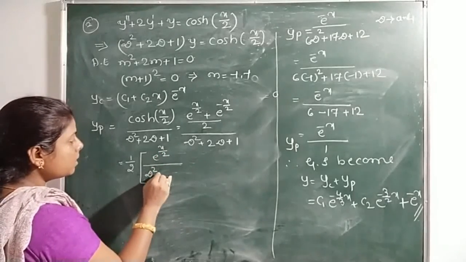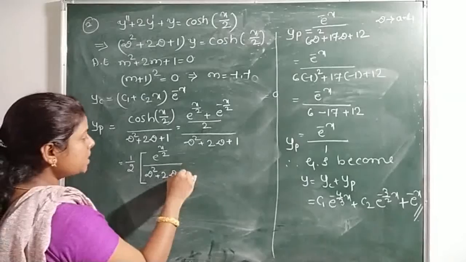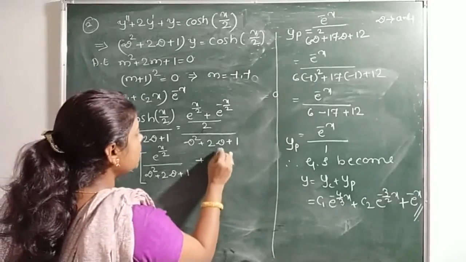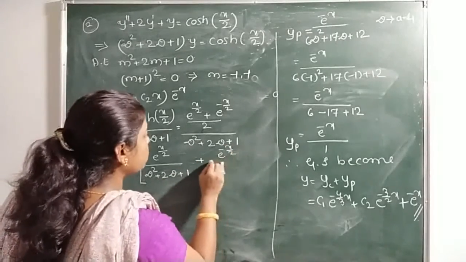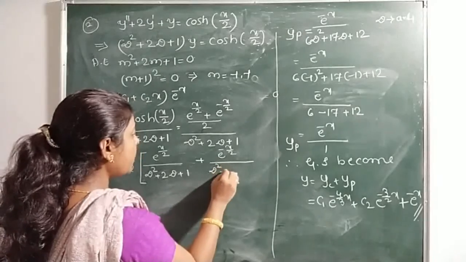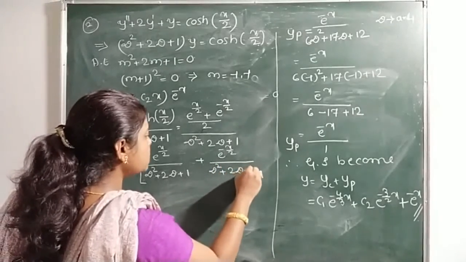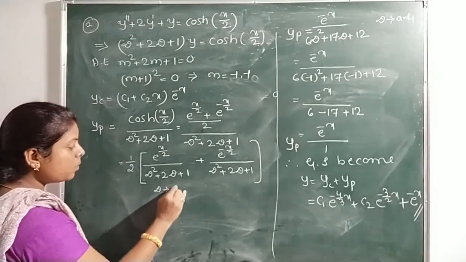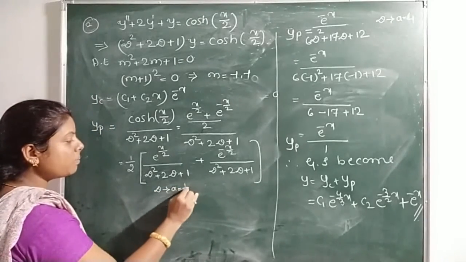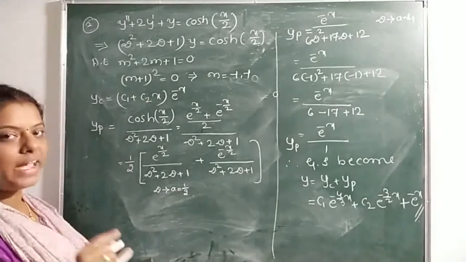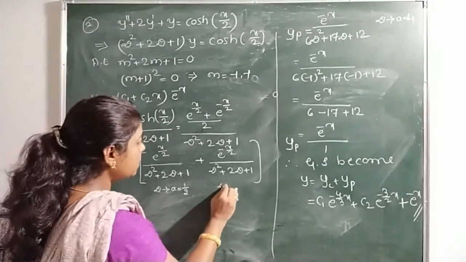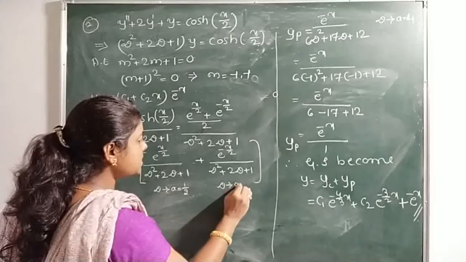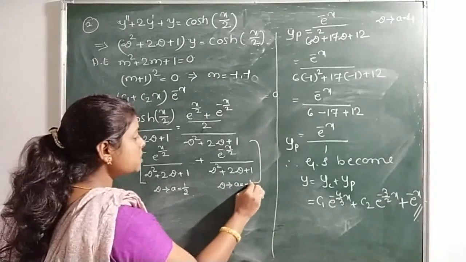E to the power x by 2 divided by d square plus 2d plus 1, plus e to the power minus x by 2 divided by d square plus 2d plus 1. Now what is a here? You have to write a is 1 by 2. The coefficient of x is a, and here d you have to replace with a, that is minus 1 by 2 for the second term.